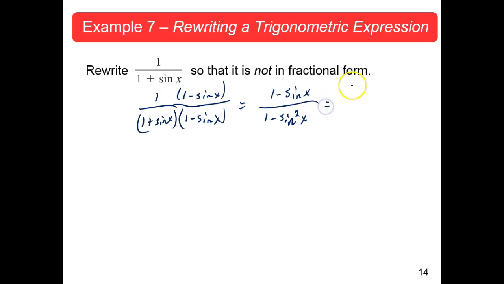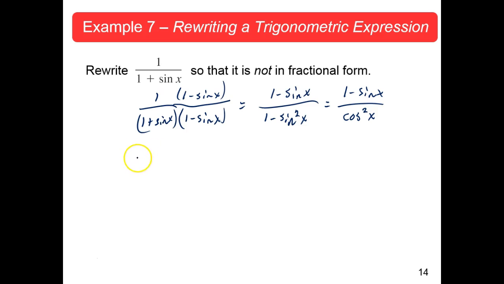So this would be 1 minus sine x over cosine squared x. Well, we still have it in fractional form, but what is 1 over cosine squared x? Secant squared x.